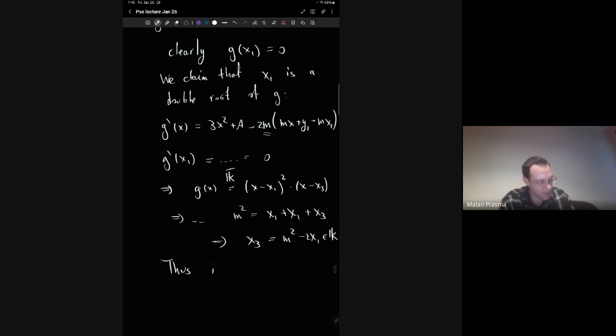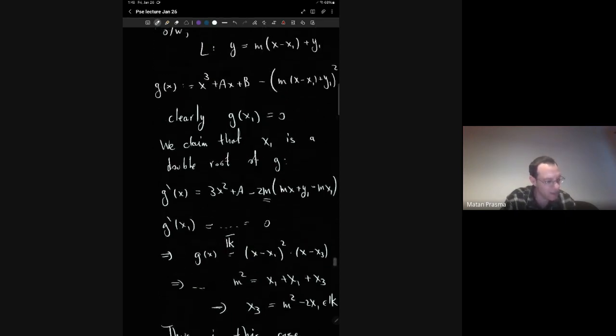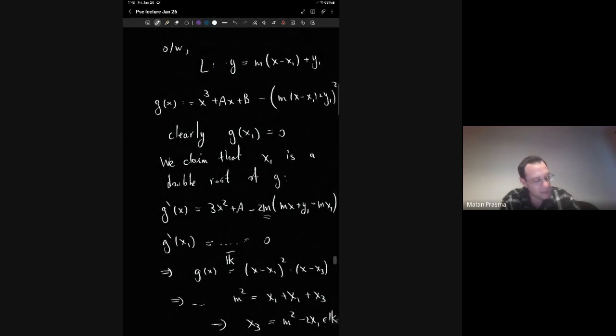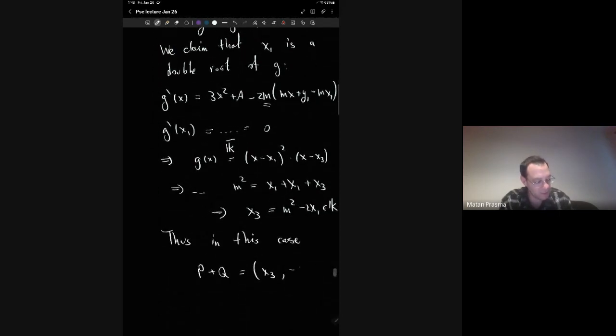And in this case, P plus Q will be this x3 and, with the line L, y3 is going to be m(x3 minus x1) plus y1, and we need to reflect it, so it's going to be minus m(x3 minus x1) minus y1.